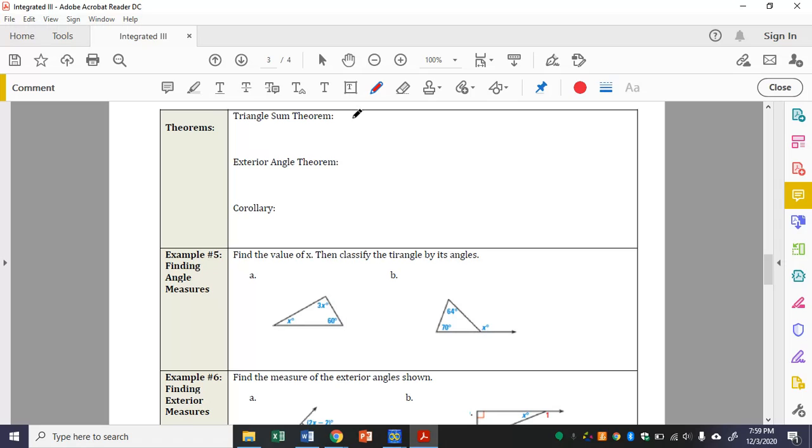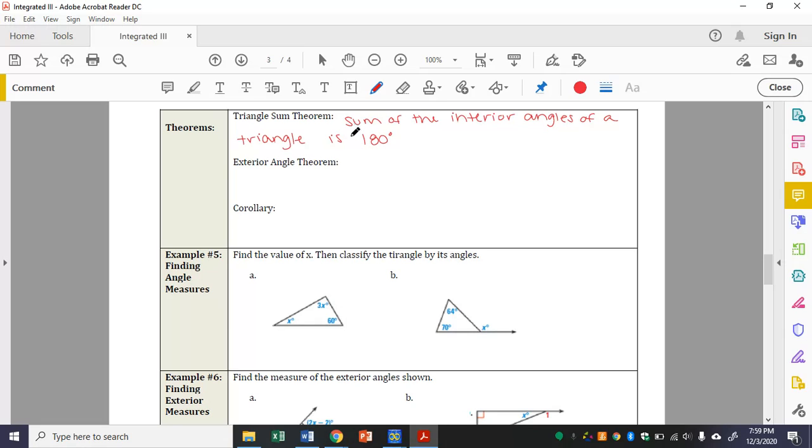So we can say that the sum of the interior angles of a triangle is 180 degrees. So all those inside angles, those three inside angles on my triangle, they all add up together and they're all going to add up to 180 degrees.